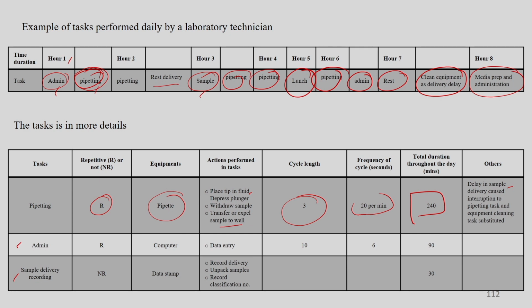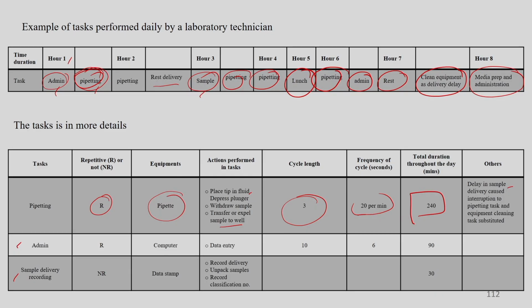Now for this particular laboratory technician task or job, you can see pipetting is a major task which is taking a lot of time in the whole day shift, right. So let us analyze it. It's very clear how you are going to select.